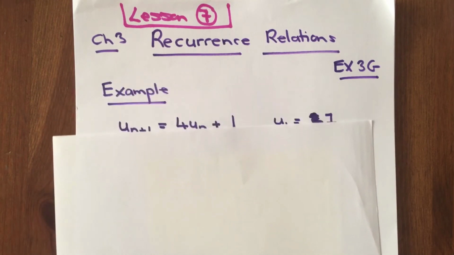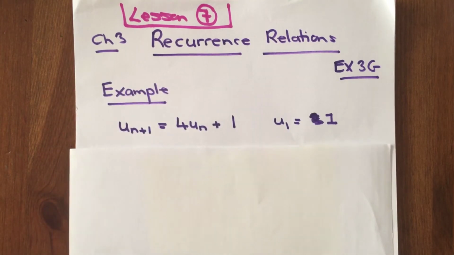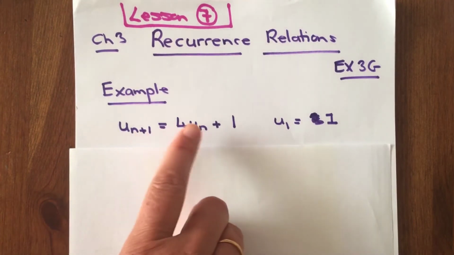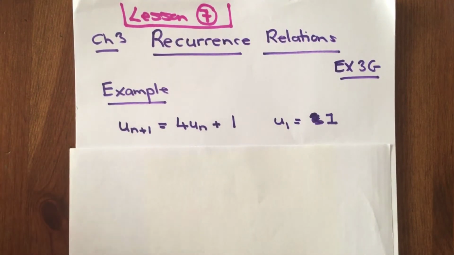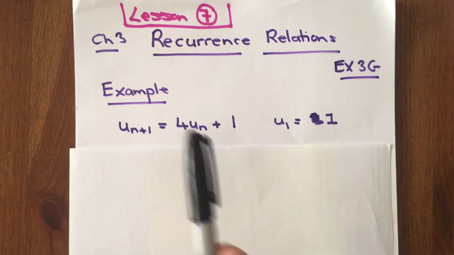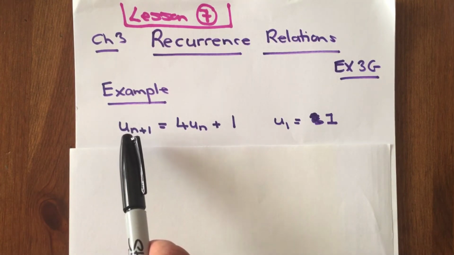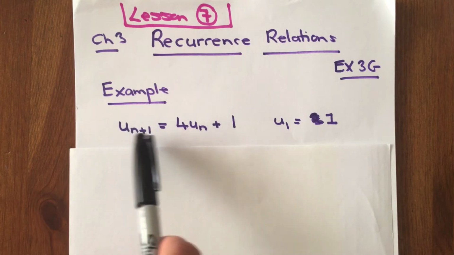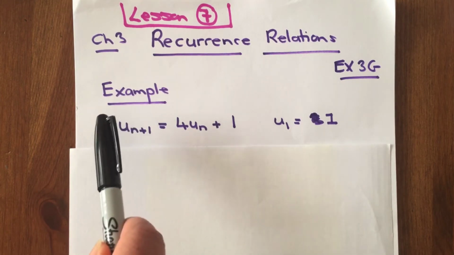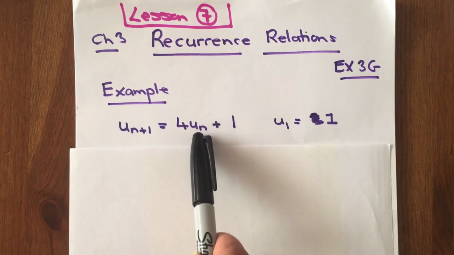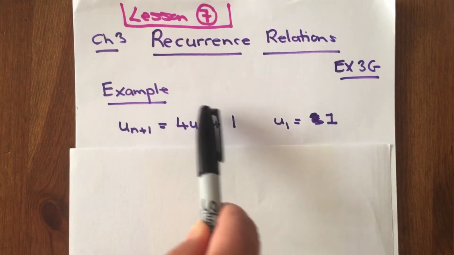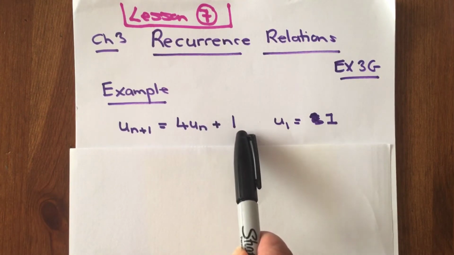What is a recurrence relation? Well, you have seen this in GCSE. In GCSE it was called iteration or iterative methods. Now, if I explain this, you're told that to find the n+1th term, you do 4 times the term before plus 1.